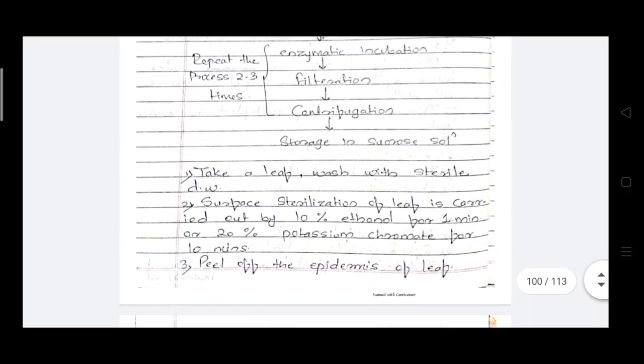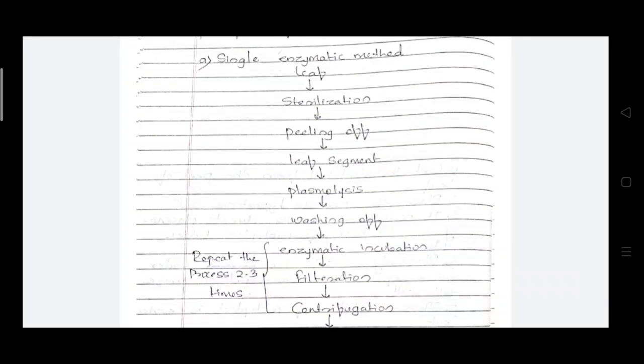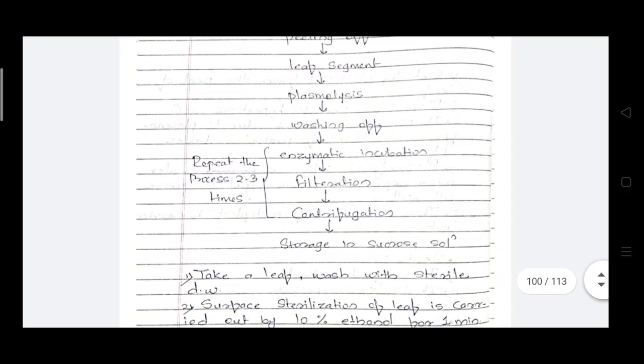So in short, first of all, take the leaf. It will be sterilized with distilled water, then also sterilized with a chemical, then peeled and made into leaf segments. Then it will be plasmolysed, washed again, and incubated in enzymatic solution so that the debris and protoplast will be separated.